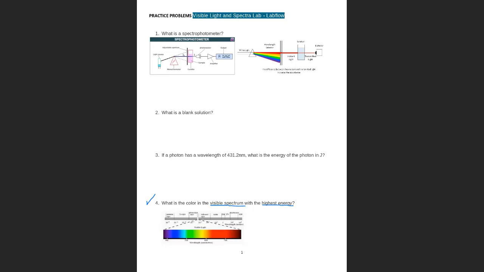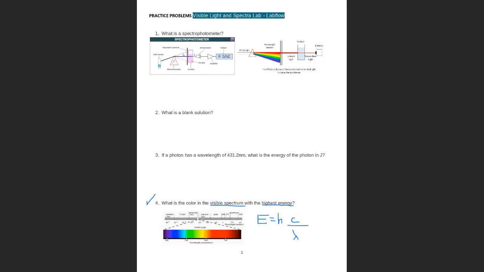How do we know what is the highest energy? You know, because we had that formula, energy is the constant times, this is the Einstein equation.